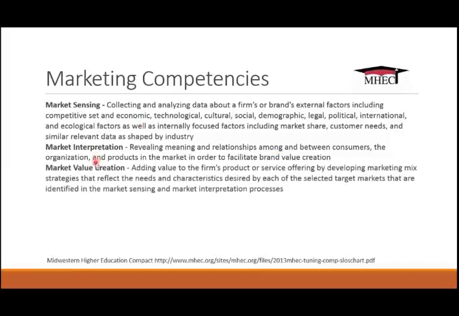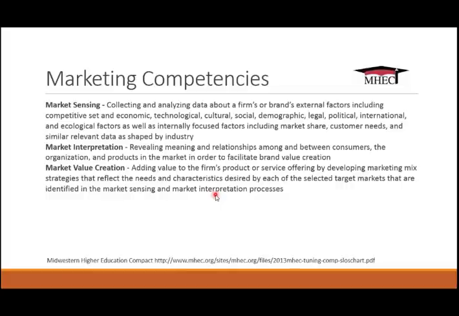Another major aspect of marketing is, after sensing and interpreting the market, to actually go about creating value with our products or services. And we do that by developing what's called a marketing mix. We'll address that later today, that reflects both the needs and characteristics of the markets that we are targeting as a result of the information we've gathered.